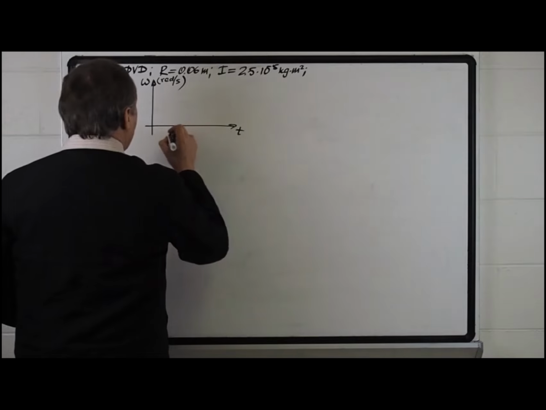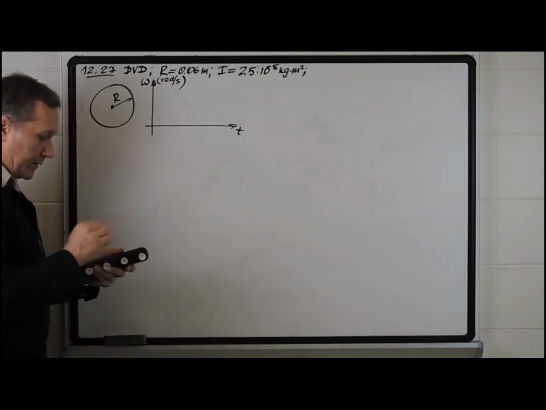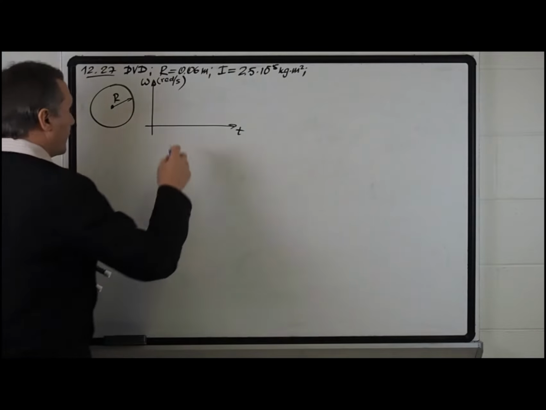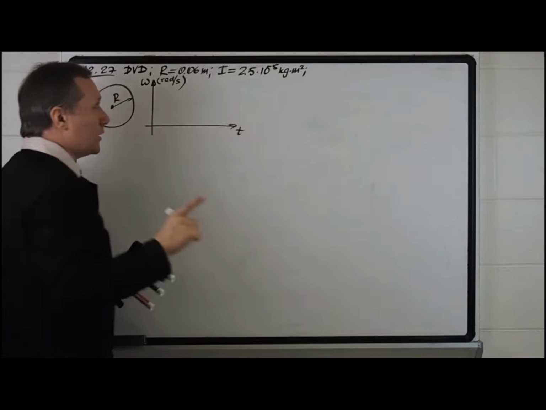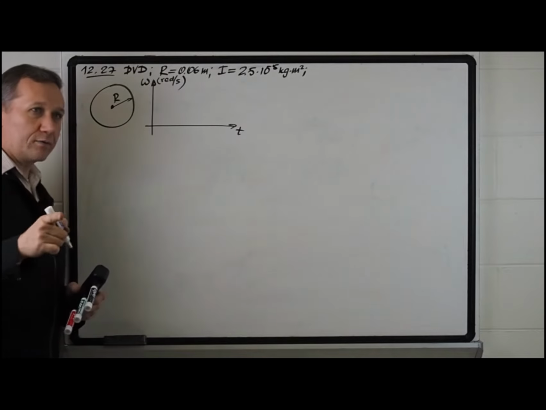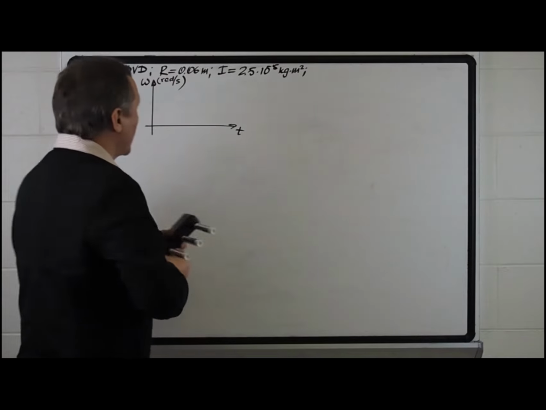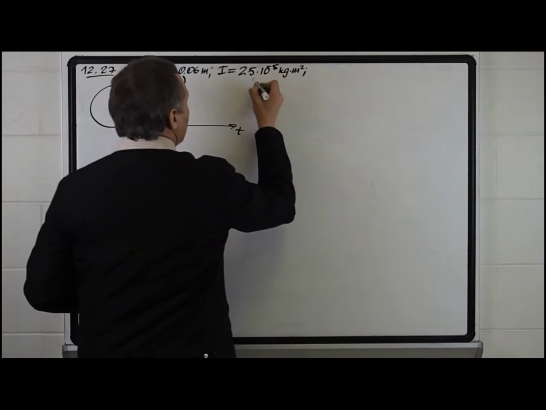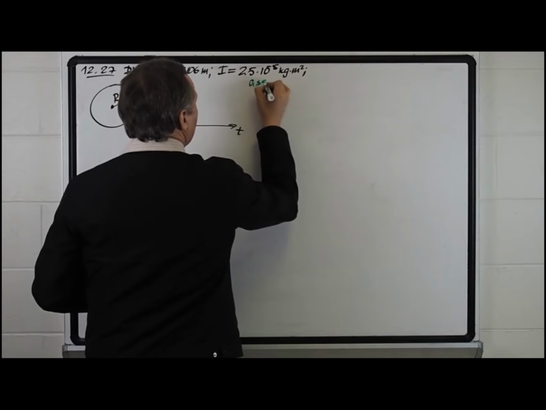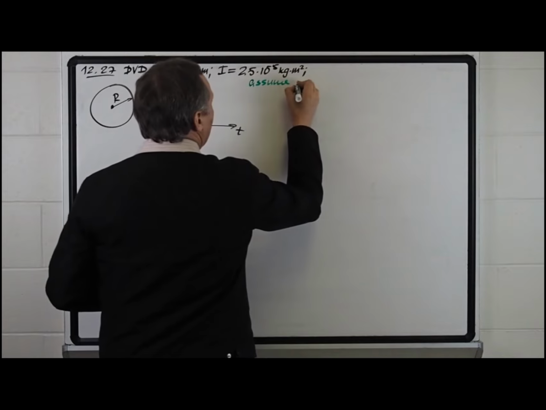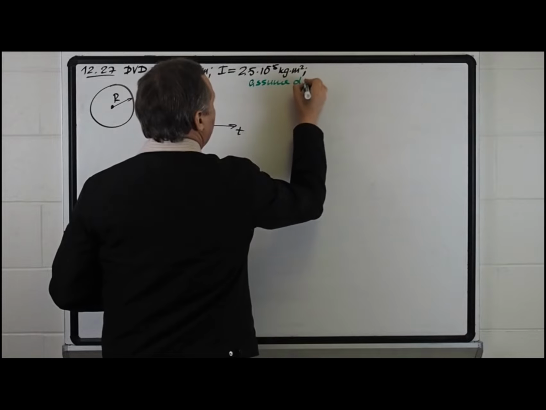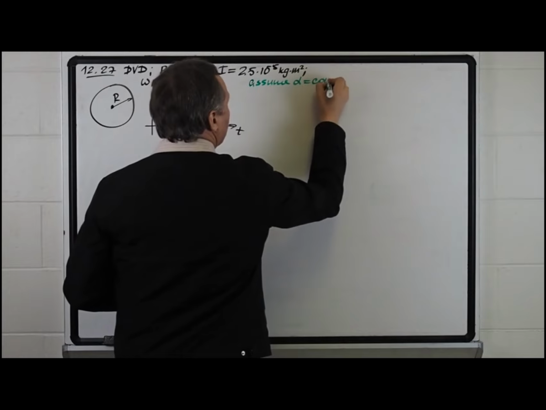So first, the disk is accelerated for 3 seconds. And we're going to assume that the angular acceleration is constant. Let me actually first write that down. So we'll make this assumption: assume that alpha, the angular acceleration, is constant.